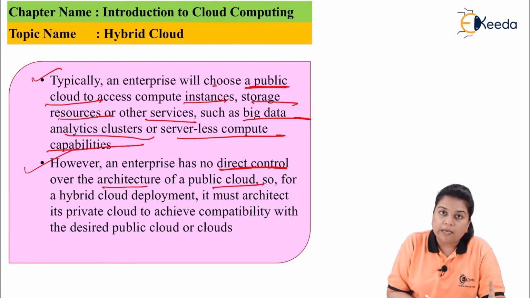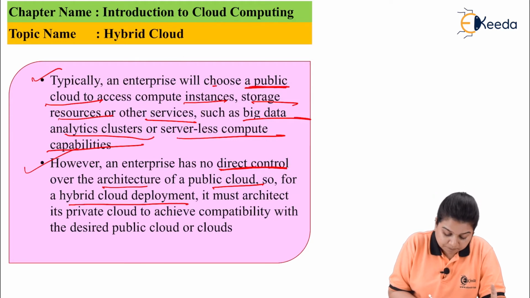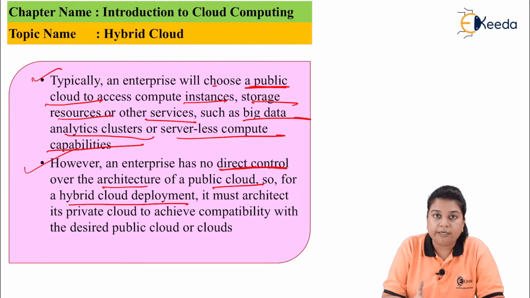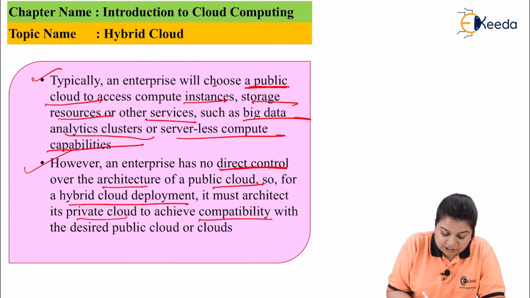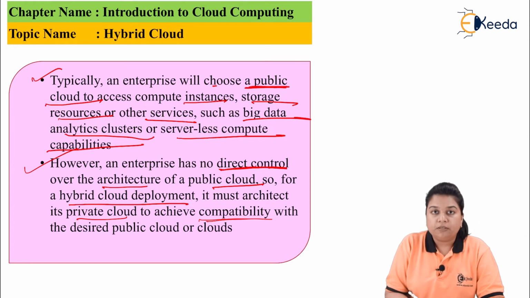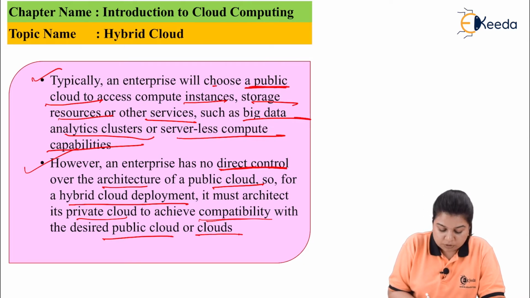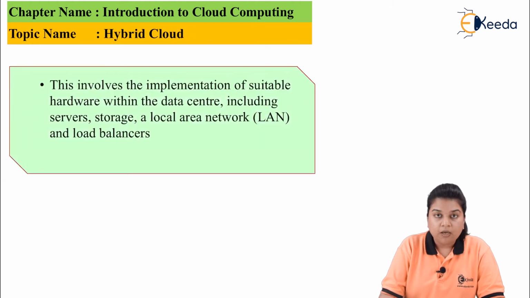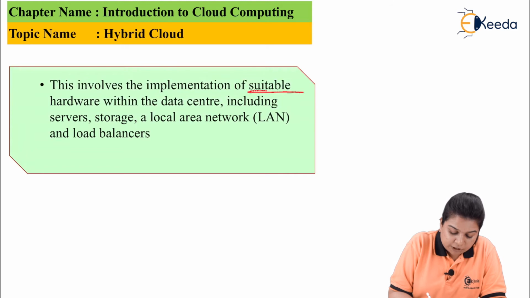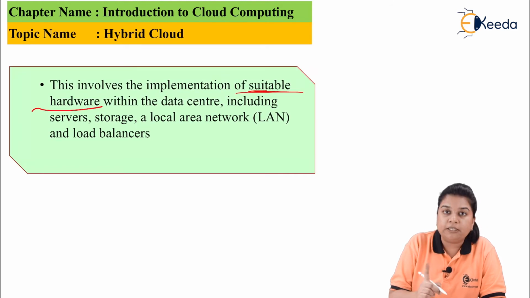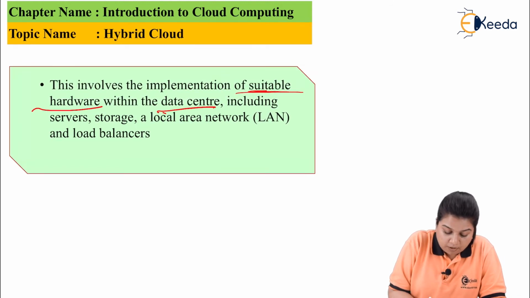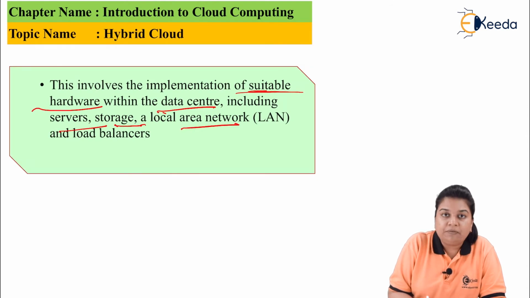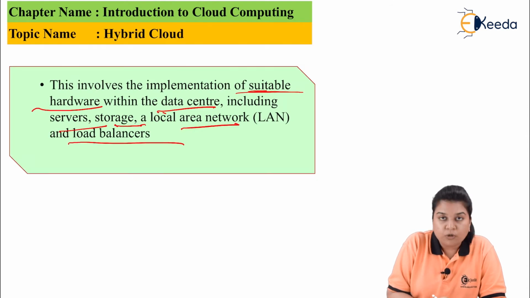So, for a hybrid cloud deployment, it must architect its private cloud to achieve compatibility with the desired public cloud or clouds. This involves the implementation of suitable hardware within the data center, including servers, storage, local area networks, that is LANs, and load balancers.